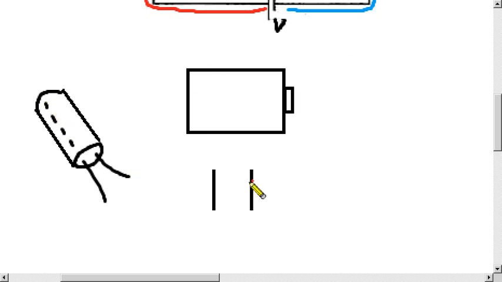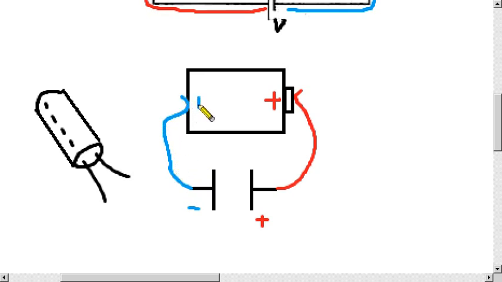So the positive pin of the capacitor you must connect to the positive side of the battery. This one is the positive side. Then the negative pin of the capacitor must be connected to the negative side of the battery, then only the capacitor gets charged.